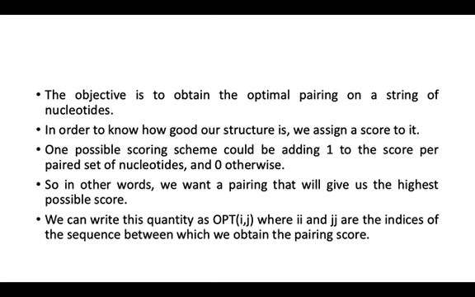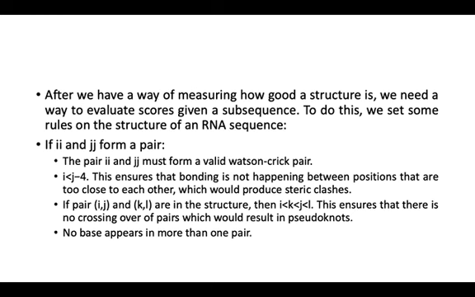So i and j here are the positions on the residue between which pairing is determined or predicted. After we have a way of measuring how good the structure is, we need a way to evaluate scores given a subsequence. To do this, we set some rules on the structure of an RNA sequence.